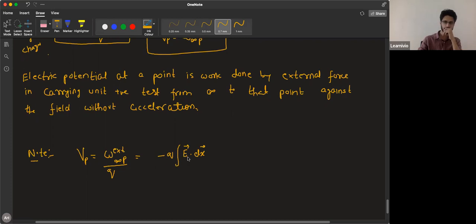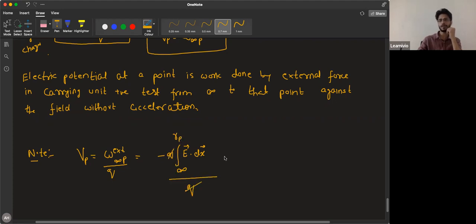And what should be the limit of integration? You need work done from infinity to P. What should be the lower limit? Lower limit should be infinity. Upper limit should be the position vector of P, divided by q.